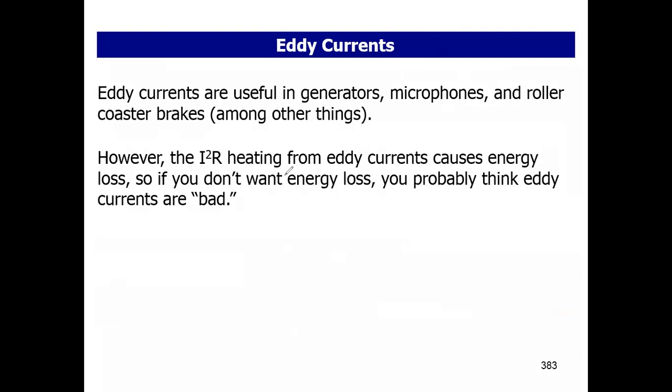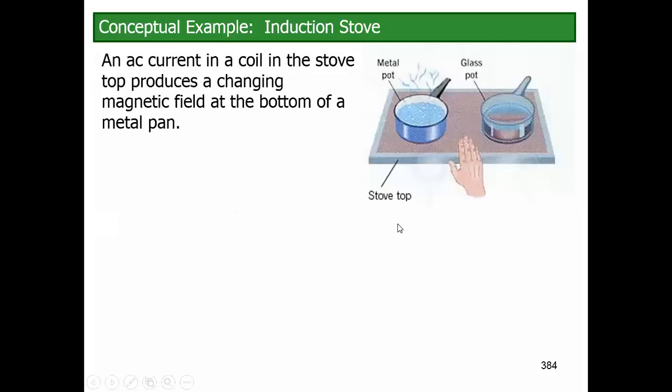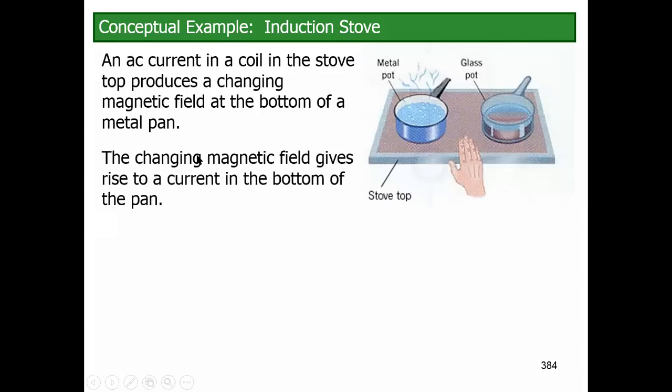This is what it is saying also, that heat is from the eddy current. So if you don't want energy loss, you probably think that eddy currents are bad, but that is not actually the scenario. See, induction stove: there also an AC current in a coil in the stove top produces a changing magnetic field at the bottom of a metal pan.